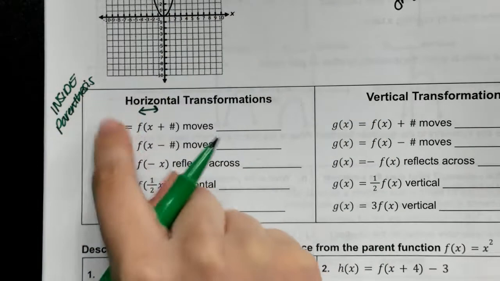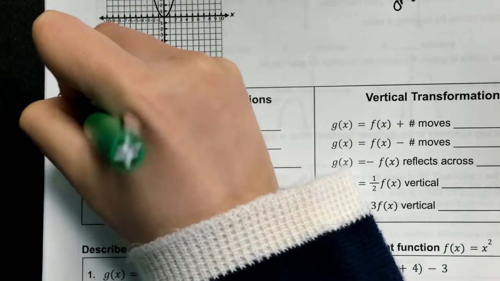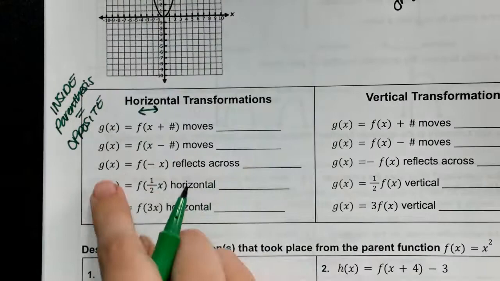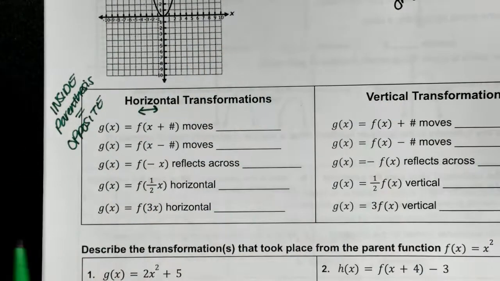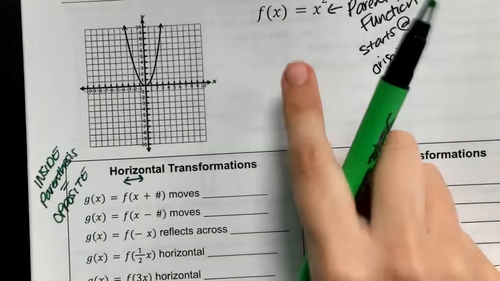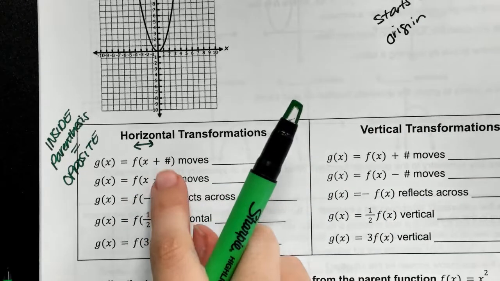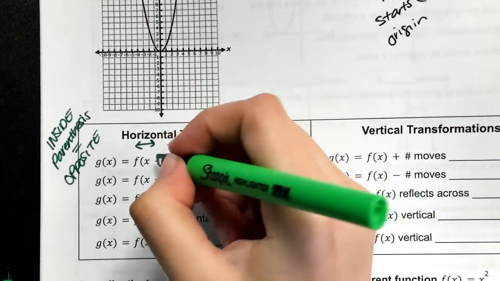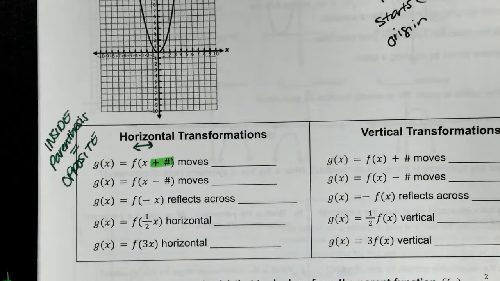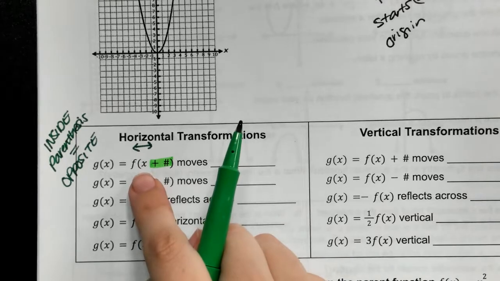And when you're inside the parentheses, remember, you do the opposite of what you usually think of. By inside the parentheses, what we mean is our parent function starts just as f of x. However, now inside the parentheses, instead of x, you have x plus a number. That's a transformation that's happening. You're adding a number to the original x.